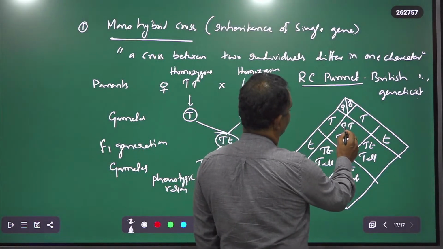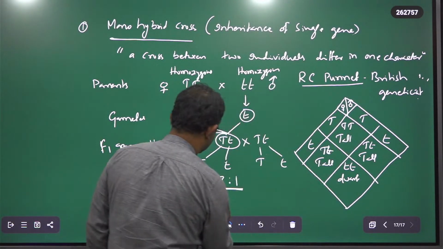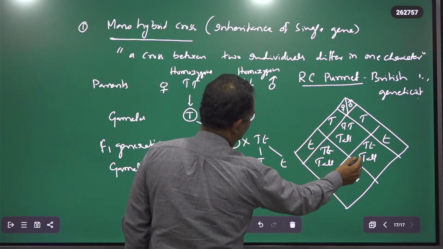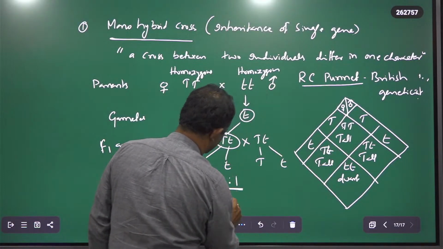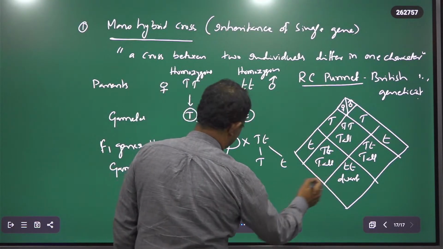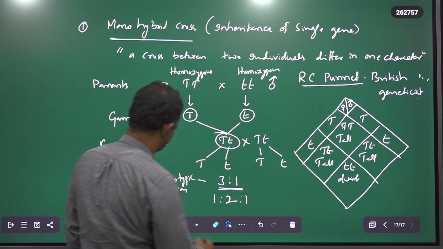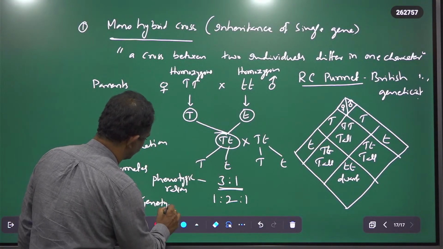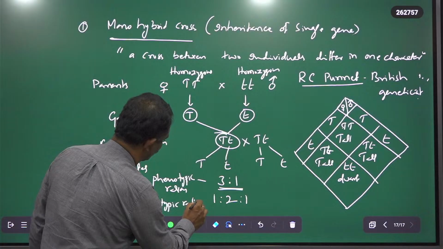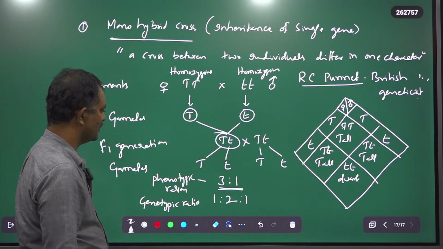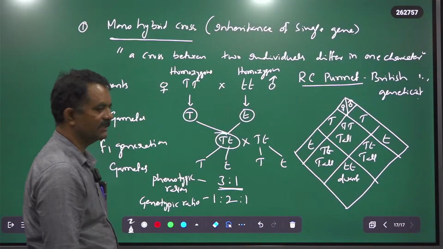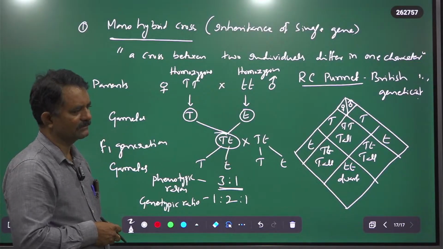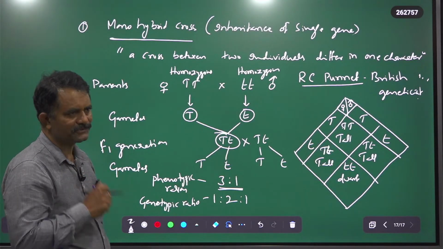Genotypes: pure homozygous tall 1, heterozygous tall 2, homozygous dwarf 1. So the genotypic ratio of the monohybrid cross is 1:2:1.